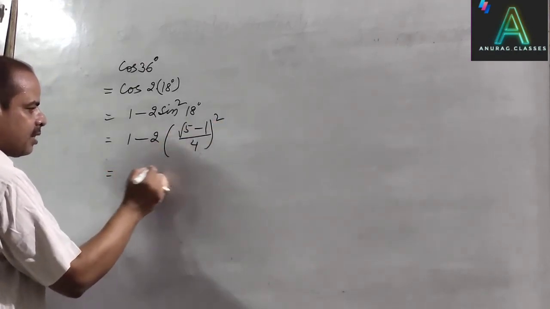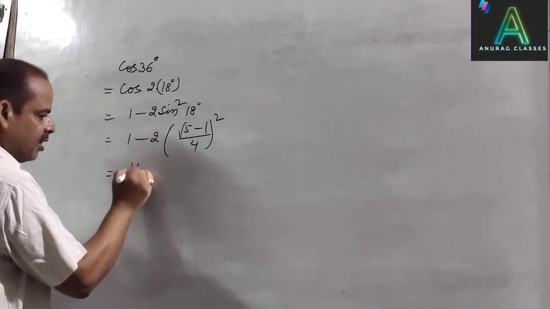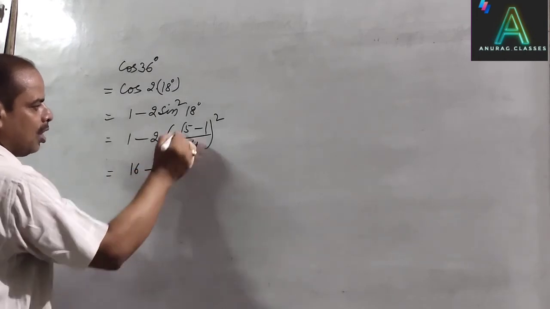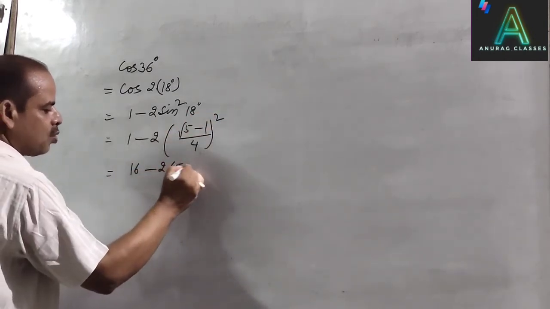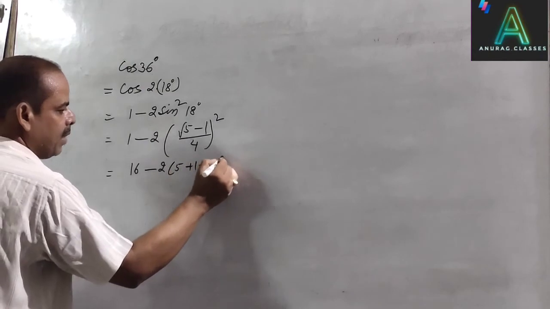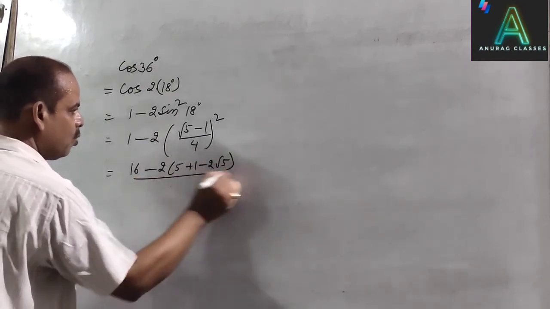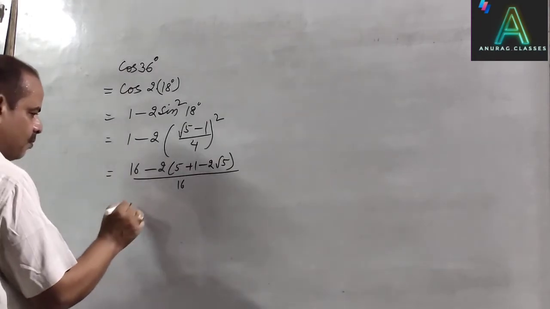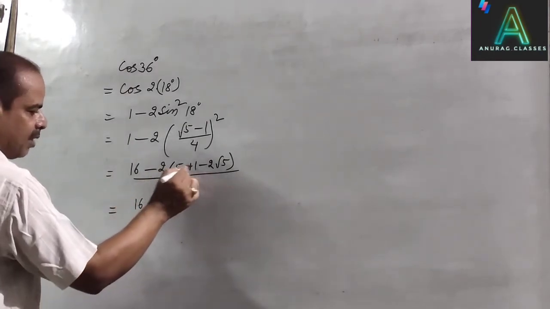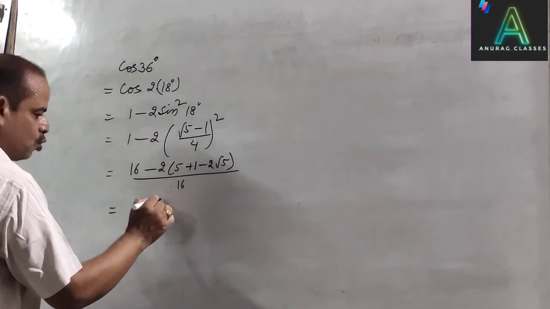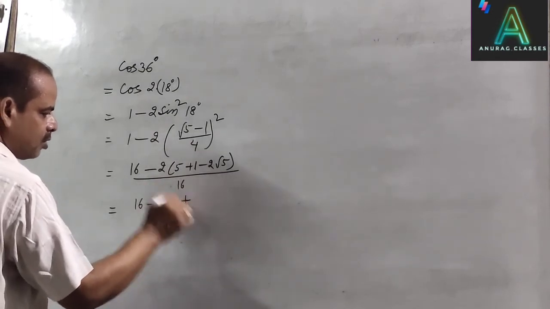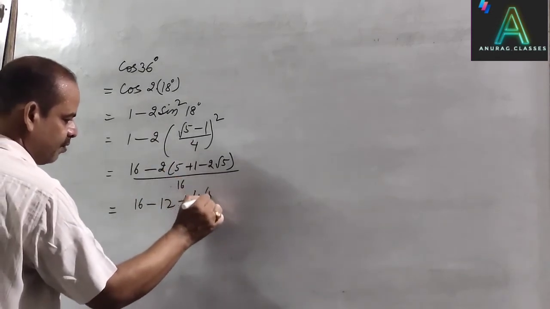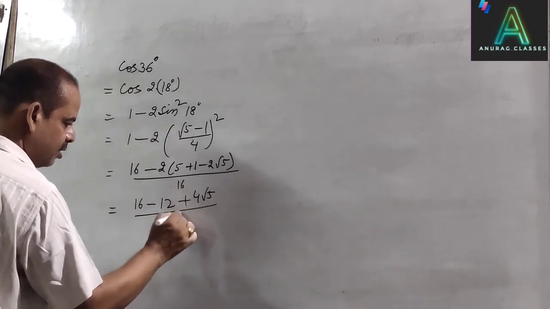This can be written as, by taking the LCM, 16 minus 2 times (a minus b) whole square, which is a square plus b square minus 2ab, whole divided by 16. 16 will be the LCM. So 16 minus 5 plus 1, that is 6, and 6 twos are 12, plus 2 twos are 4 root 5, by 16.